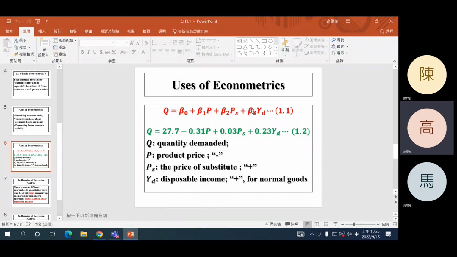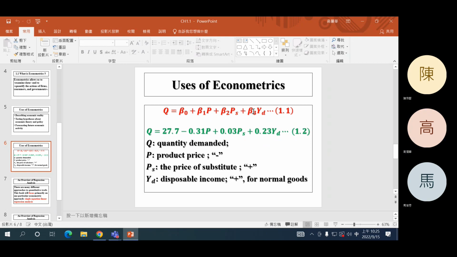If we do have this data, then we can use some mathematical or statistical methods. This is what we're going to learn in this class. After we have this data and the relationship, we can put in this data and do some statistical methods and come up with numbers like this one.